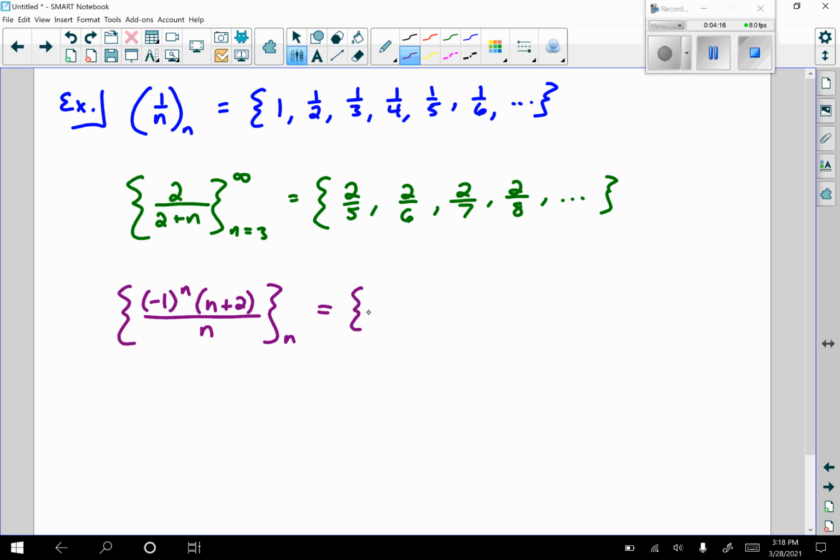So we're going to get a -3. When n is 2, we're going to get a +1 here times 4. Then we'll get 4 over 2. So that's just 2. When n is 3, we'll get a -1 here times 5. So we'll have a -5 over 3. When n is 4, we'll get a +1 times 6 over 4. So we'll get +6/4, and then so on.